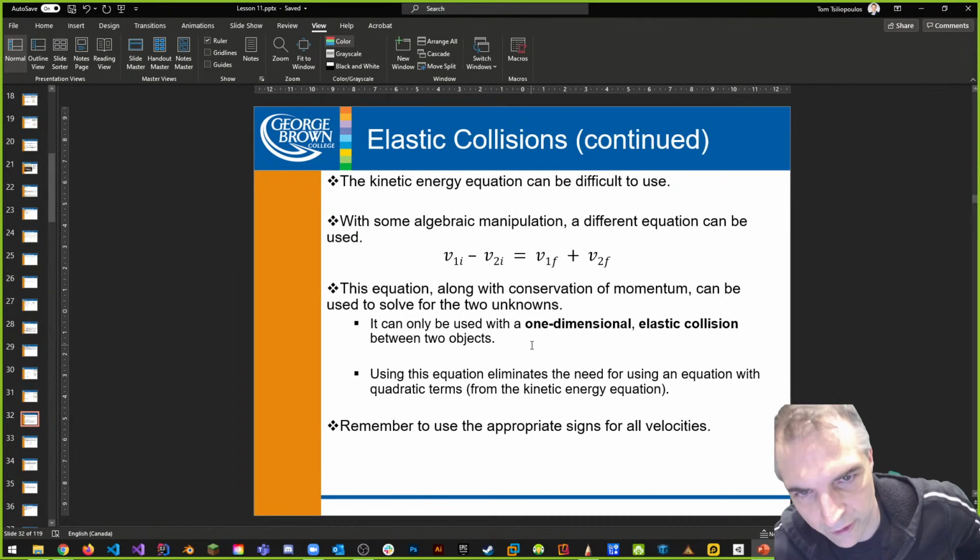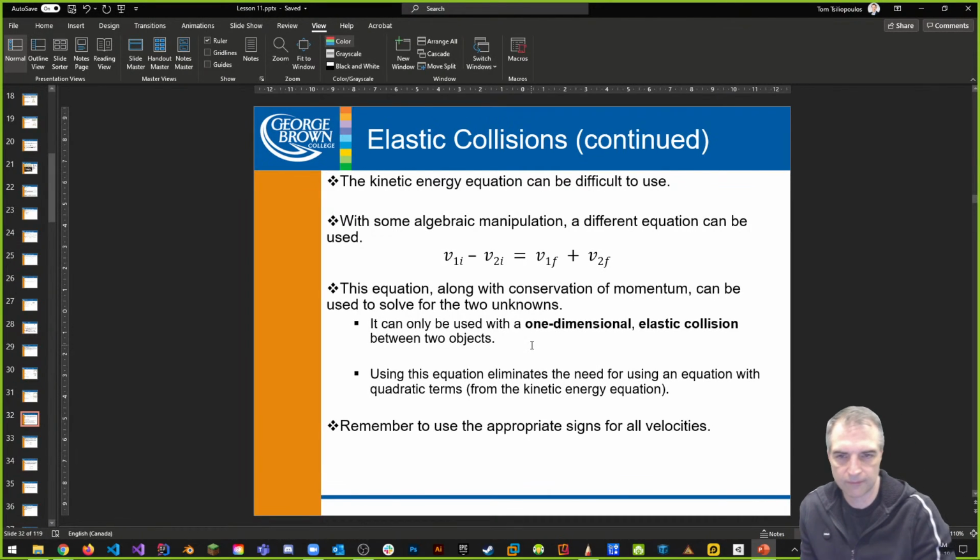Okay, the kinetic energy equation can be difficult to use, but with some algebraic manipulation, a different equation can be used. V1 initial minus V2 initial is equal to V1 final plus V2 final. We know this is the case. Why? It can only be used with one dimension, so only on the x-axis as an example.